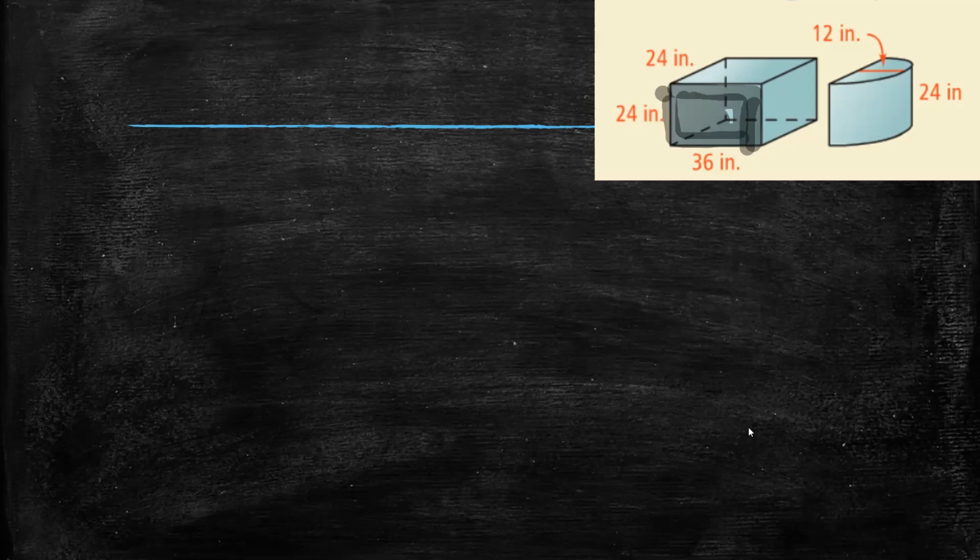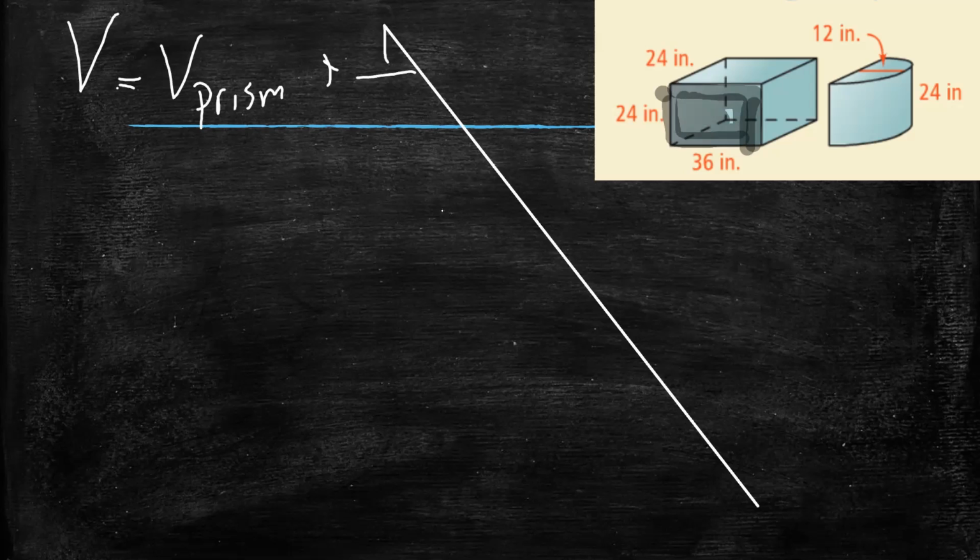So since this is the base, the volume of the composite figure is the volume of the prism plus. Now here, did we have a whole cylinder or half of a cylinder? We have half a cylinder. So we will say half.